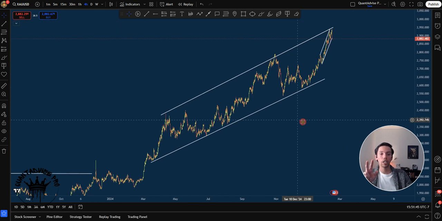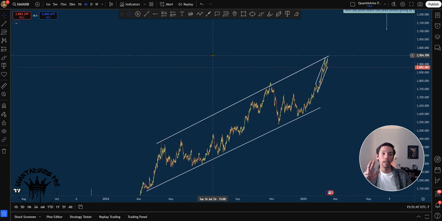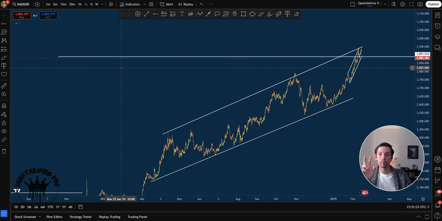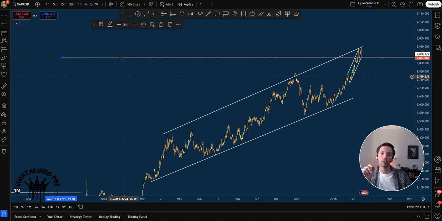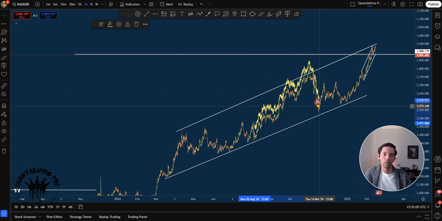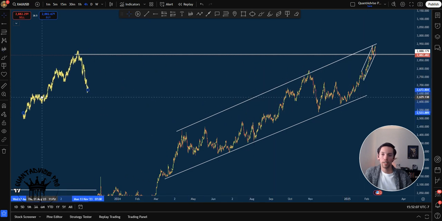Now, an ascending channel like this is a lot clearer if we had a high value area on this side, okay? Like if there was a bigger top. Let me grab some price action and throw it over here like this.